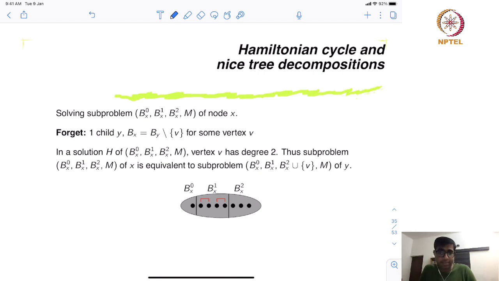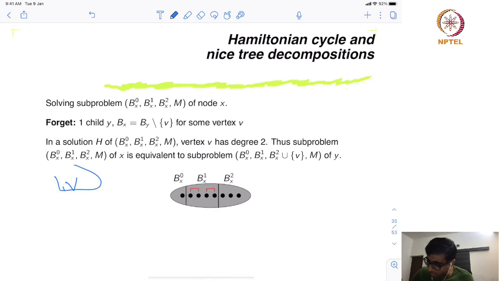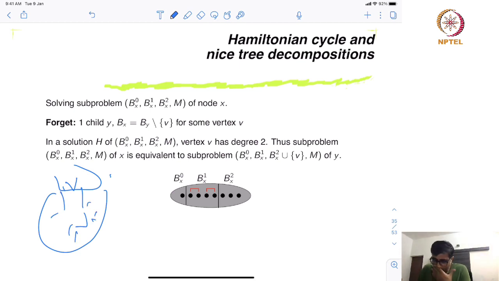So what is happening if you are forgetting some vertex V? Forgetting a vertex V at this point of time basically means that after this, V does not have any more neighbors outside. So V has all its neighbors inside, which implies that if I am looking for some characteristic vector here, I should put V into degree 2 and check.